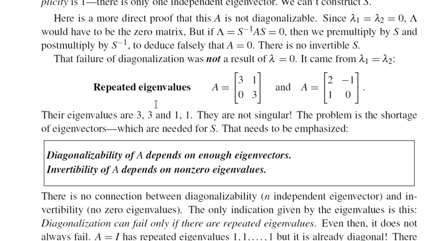Then let's see another example, repeated eigenvalues. If we consider this matrix, 3, 1, 0, 3, the eigenvalues are repeated. If we solve A minus lambda I equal to 0, we get the roots as 3 and 3.